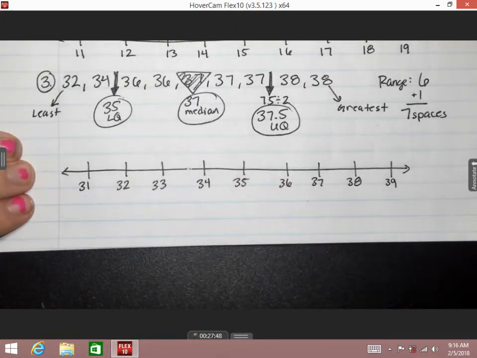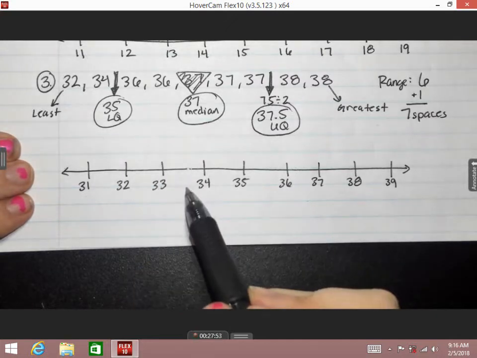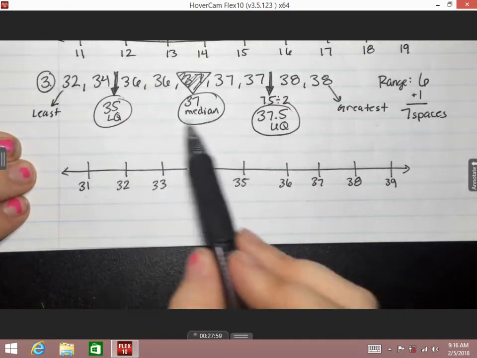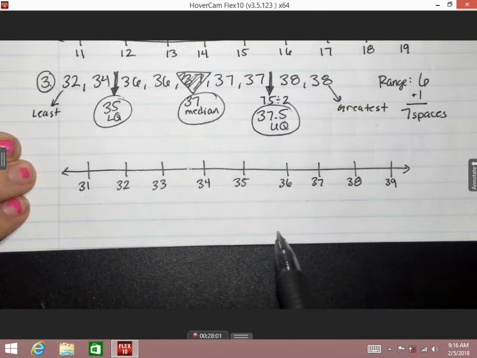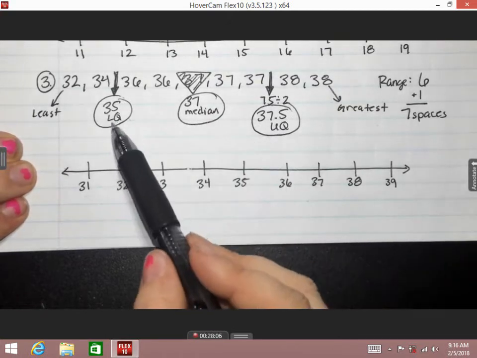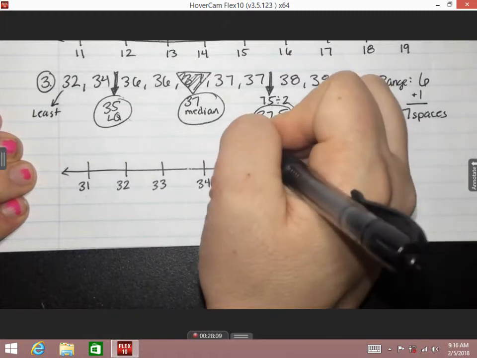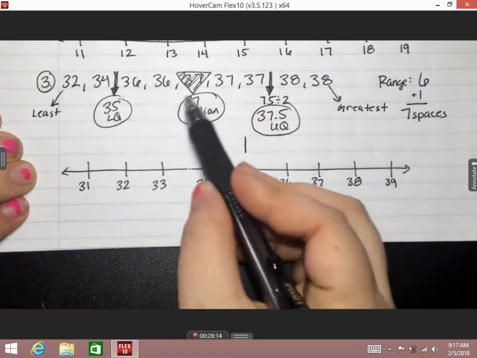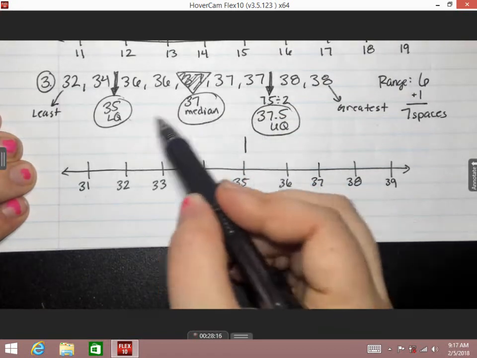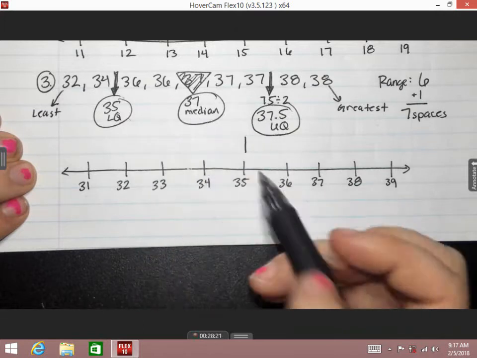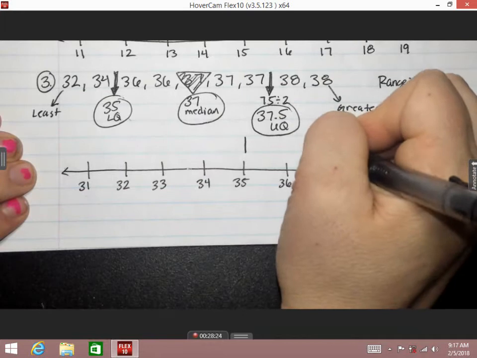So what number needs a line to make a box, Ava? Yeah, so any of these in a circle. So we can do 35 because that's my LQ. So I'm going to draw a line at 35 because that's making a box. My median I've also circled. Guys, y'all notice every single time I've circled those 3? So those 3 are what make a box. So my 37 also needs a line to make a box.